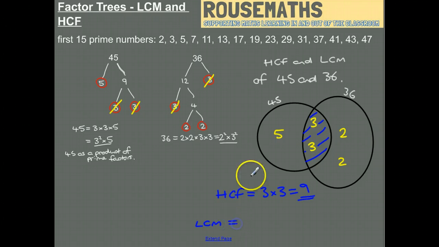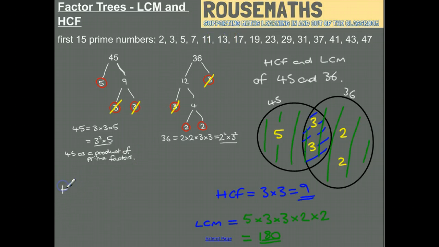For the lowest common multiple, you take all of the numbers that appear in the two circles. So that means we've got 5 times 3 times 3 times 2 times 2, and that will give us 5 times 9, which is 45, times 2, which is 90, times 2 again, 180.